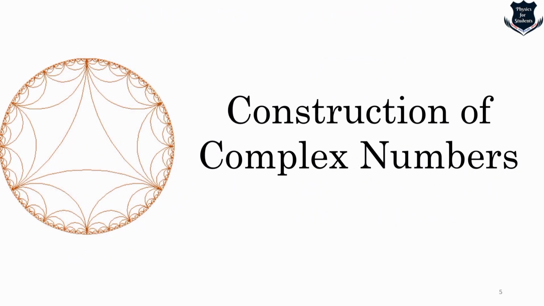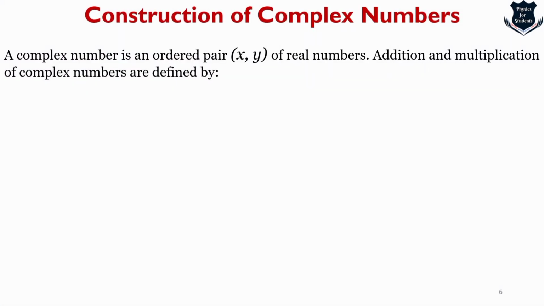Now we will start with what we call the construction of complex numbers. We will go slow, step by step, so that we understand the basic roots. To begin with, we will take the examples of Bessel and Argand, maybe Gauss or Hamilton. It is said that a complex number is an ordered pair (x, y) of real numbers.